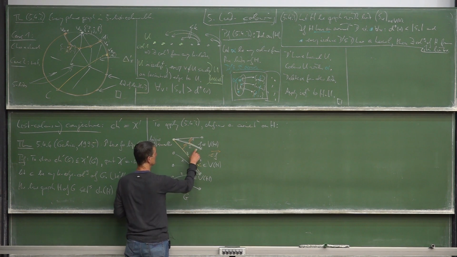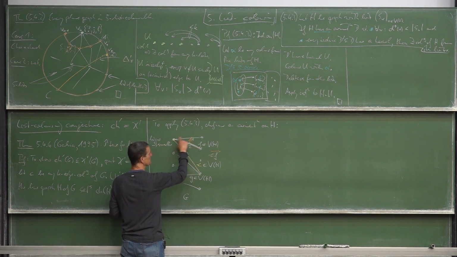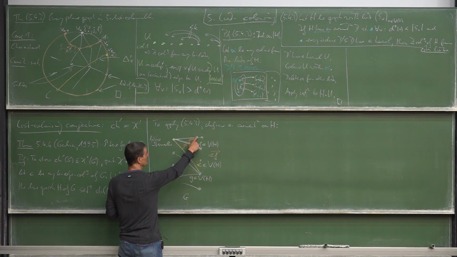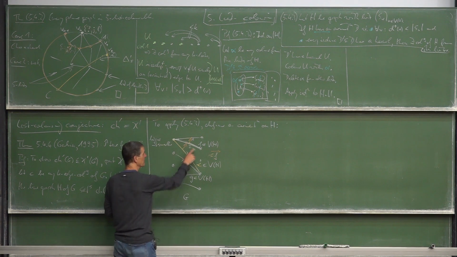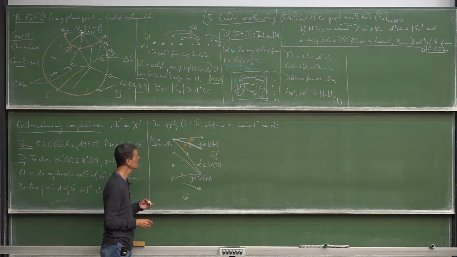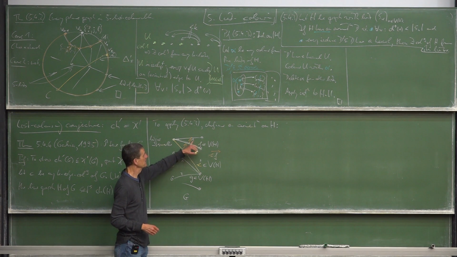And F is adjacent to this vertex of H, and the edge of H between F and this edge of G is oriented from F to that edge of G because in the edge coloring of G, that other edge has a smaller color.